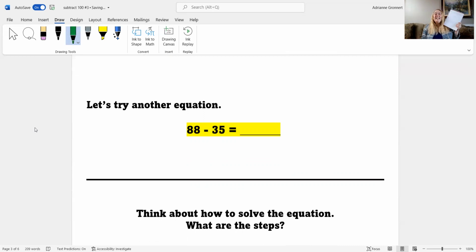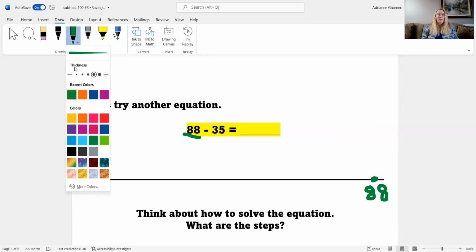Yes, I need to mark the end of the number line with the minuend. And the minuend is the number 88. Let's do that now. Here's my dot, and here's the number 88. I'm going to put that on my number line right now. 88. Okay. What is my next step?